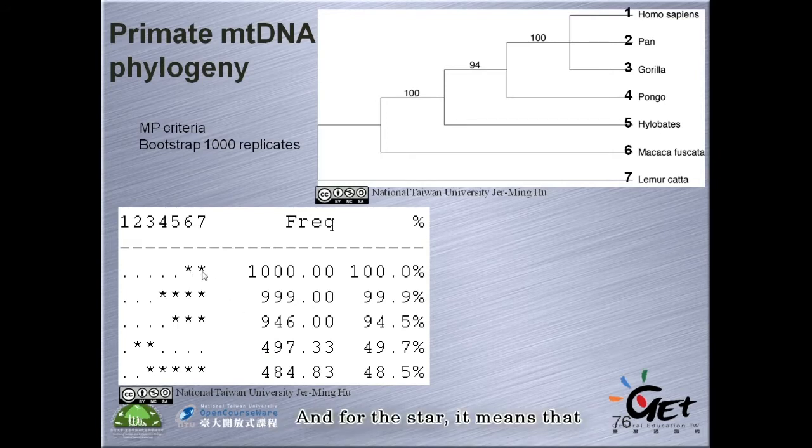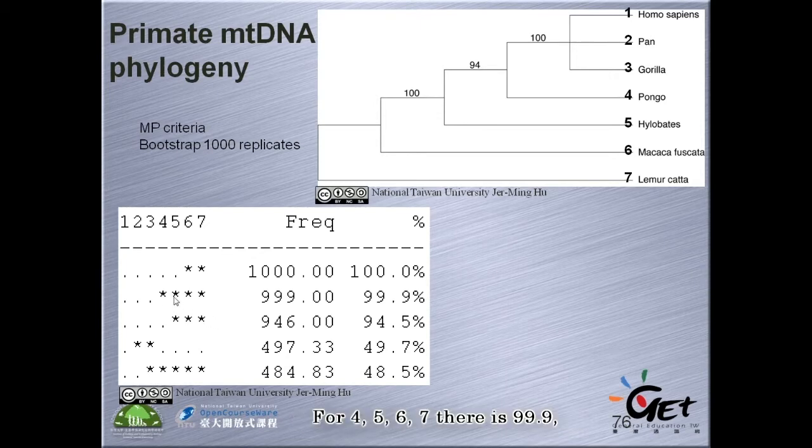And the star means that these two taxa are grouping together. For example, 6 and 7 group together. Then it has 1,000, this is based on 1,000 replicates, so the frequency would be 100%. So 6 and 7, that's right here. And you have to look from another direction. It's this branch. So this branch has 100% bootstrap support.